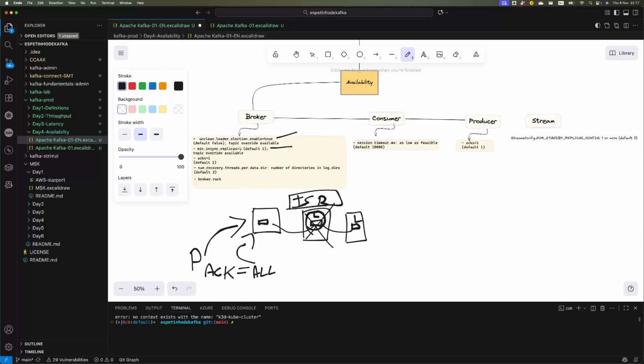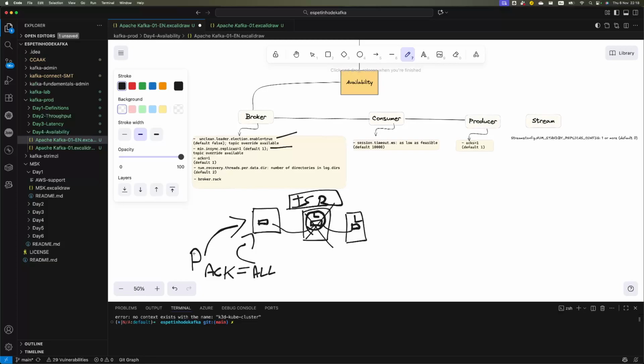Remember, if you put 2, the producer needs to produce to the first one, wait until the message is committed to the second replica, and only then can it continue to produce more messages.